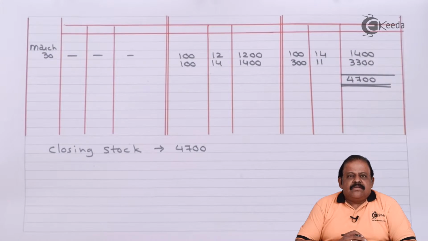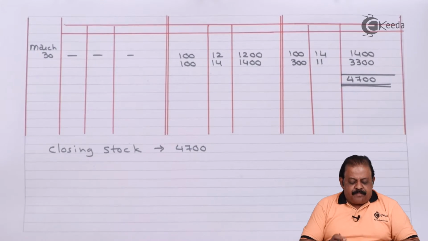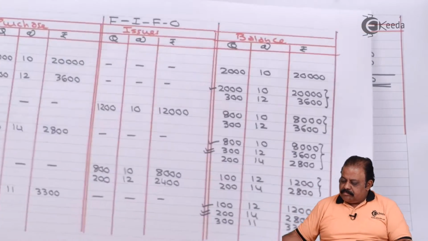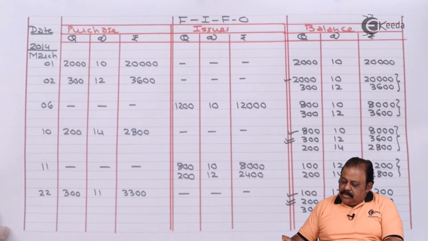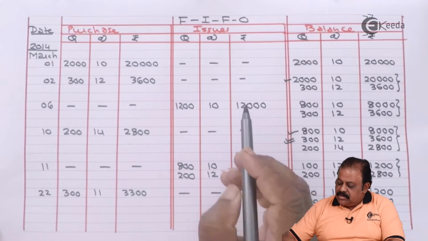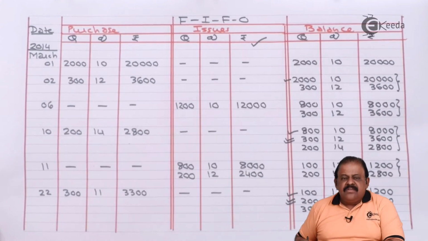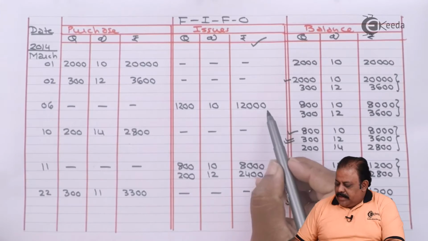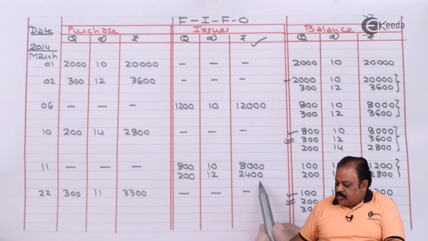To calculate cost of goods sold, we are required to take column total of issue. In issue column, we are having three sub columns. We are required to take total of amount column. 12,000 plus 8,000 plus 2,400.